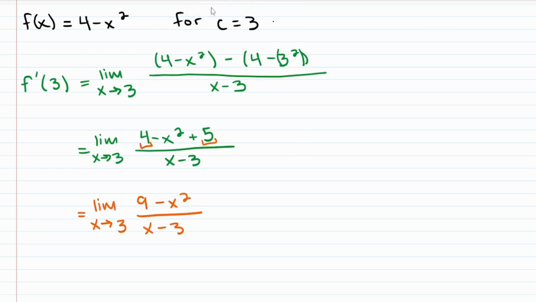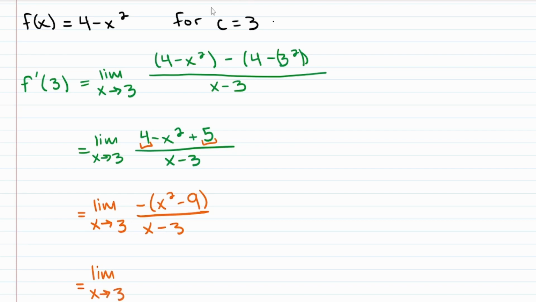So if we go ahead and divide negative 1 out and rewrite this, it would look like negative times x squared minus 9. And that might look a little more familiar to people who are used to working with the difference of squares. We can go ahead and factor this difference of squares by doing x plus 3 and x minus 3. And that's going to be the key to solving the rest of the problem.